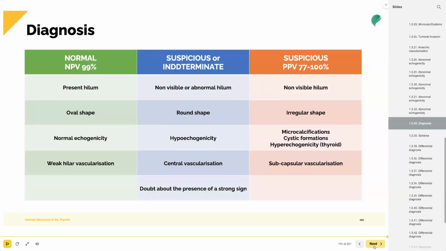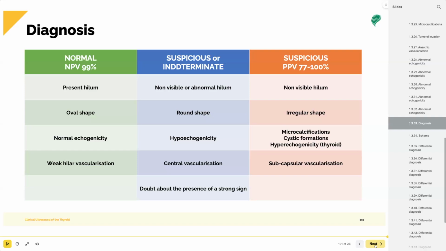Okay, so this is the chart that we would use to determine if the lymph node is more normal or suspicious, very similar to the classification of thyroid nodules. I would print this out and keep this with you if you are scanning thyroid and lymph nodes, to be able to know what to look for and what is suspicious and what is not.